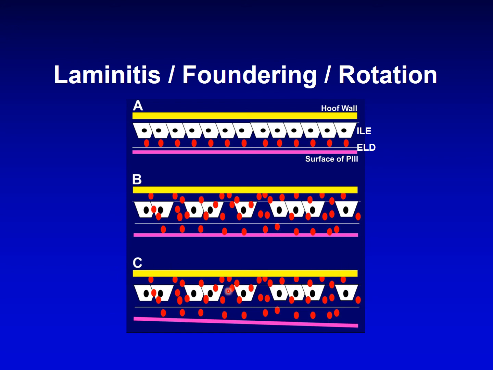This interdigitation is lost and P3 is separated. When you separate P3 from the hoof wall, we call that rotation of P3. Rotation of P3. That is the most advanced case of laminitis. And at that point, the horse is in severe pain, and there's very little to salvage the life of the horse.